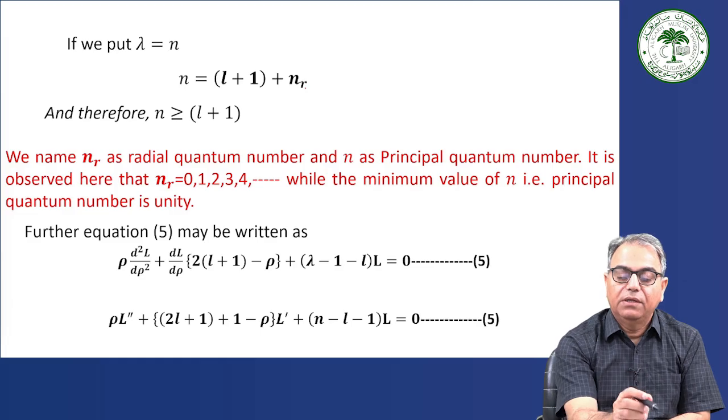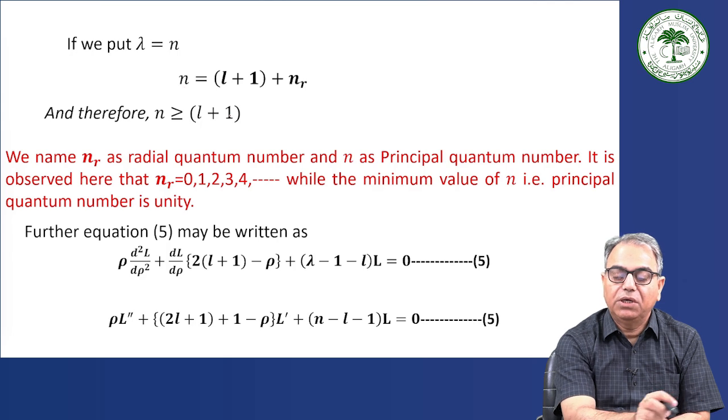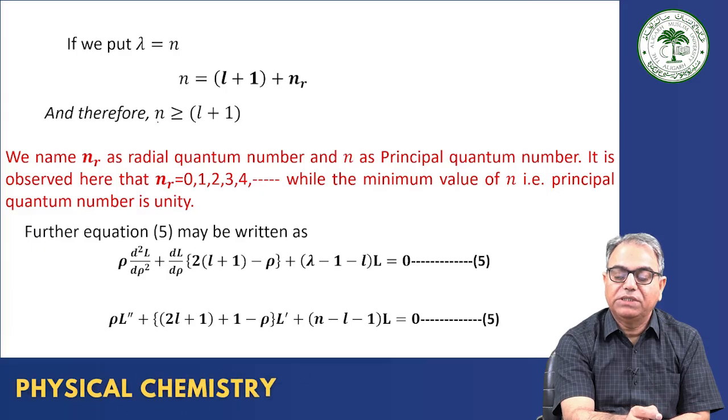And therefore, this N, which is lambda equal to N, is always greater than or equal to L plus 1. When azimuthal quantum number L is equal to 0, then N is equal to 1.